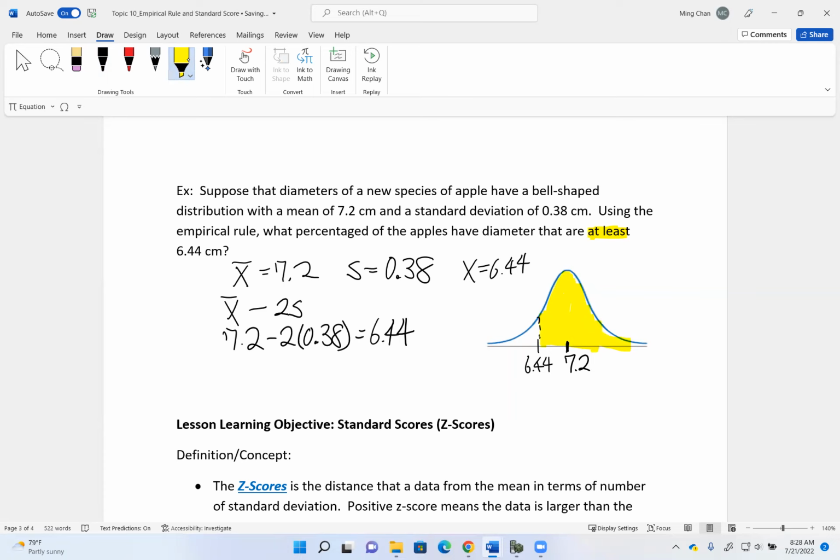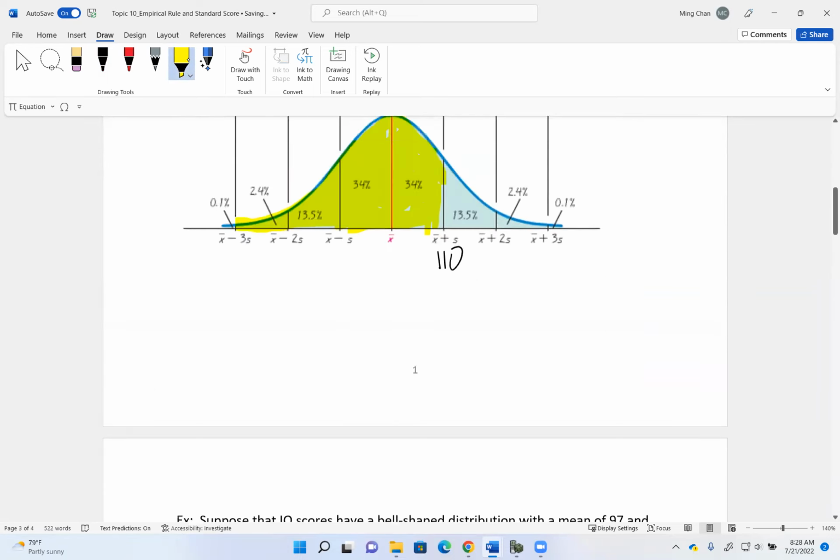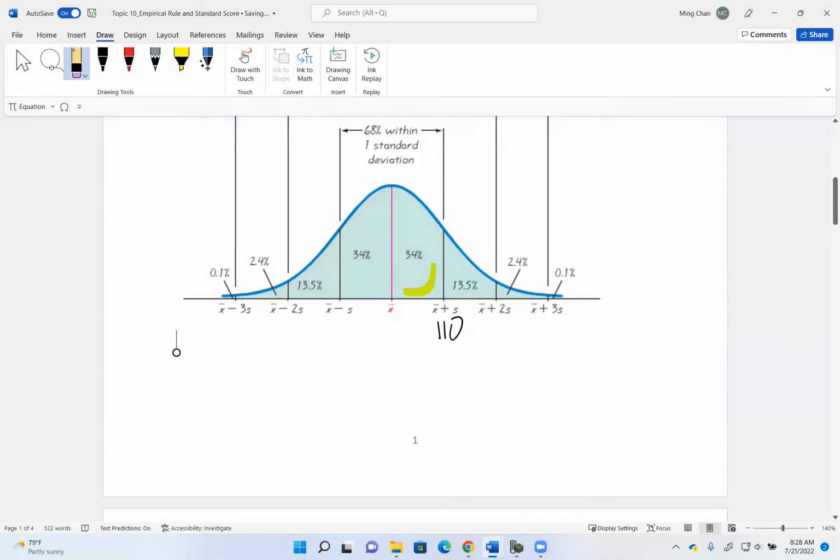So 6.44 is 2 standard deviations below the mean, right here, and the percentage I'm looking for is to the right of that, all this. Once again, I can add them up, 13.5, 34, 34, 13.5, 2.4, 0.1, to get my answer, or I can use that complement rule again.